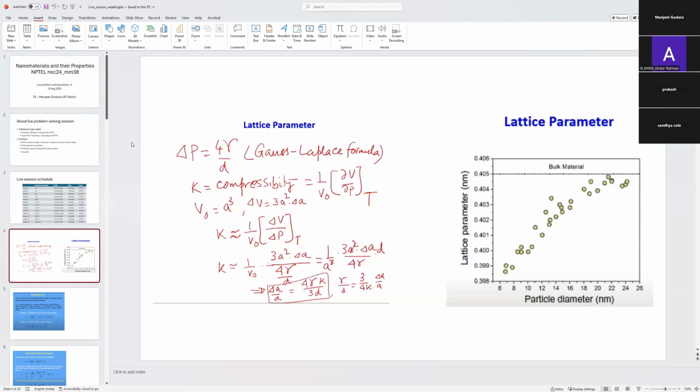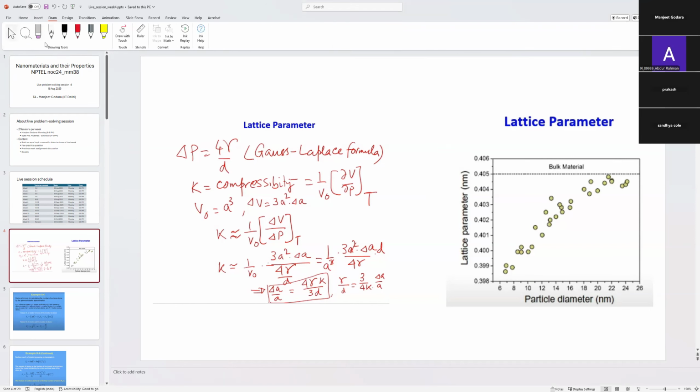We have derived how this parameter changes with the radius in the last class. So this delta A, which is also a function of diameter D. According to this relation, if you increase D, your lattice parameter decreases.